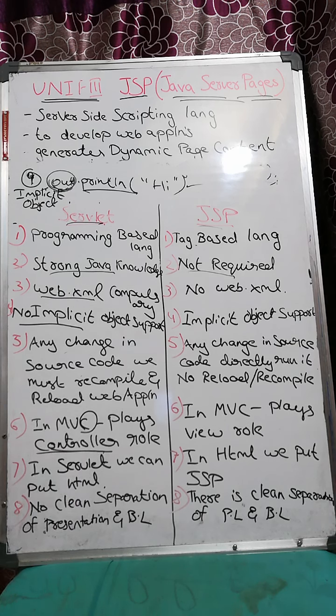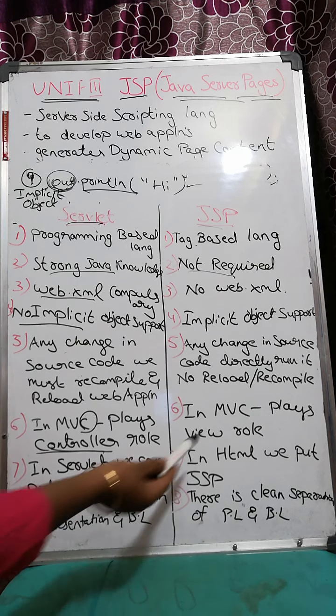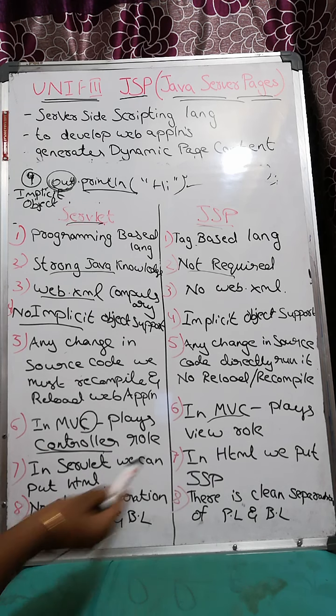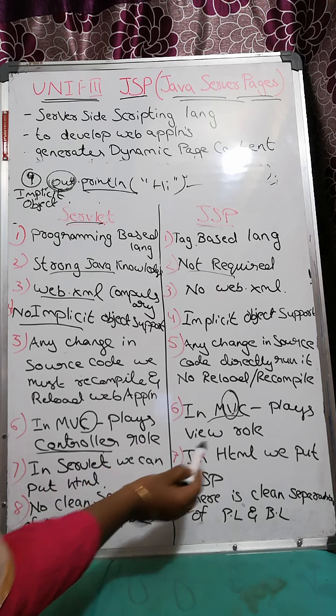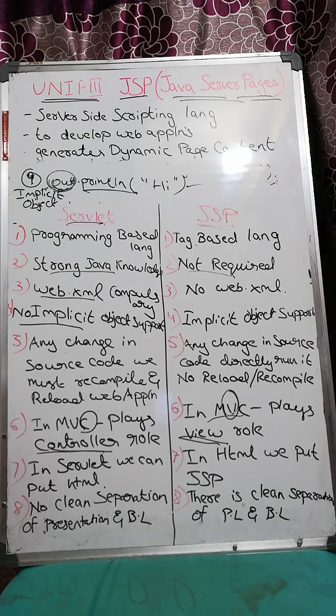Now coming to JSP, in this MVC, JSP will play the role of V. V stands for View. View is presentation logic, we can put it here. In JSP we can put presentation logic, in servlet we can put controller, that is integration logic.